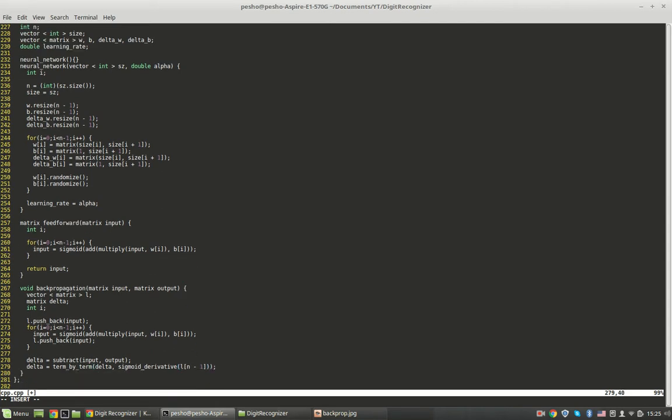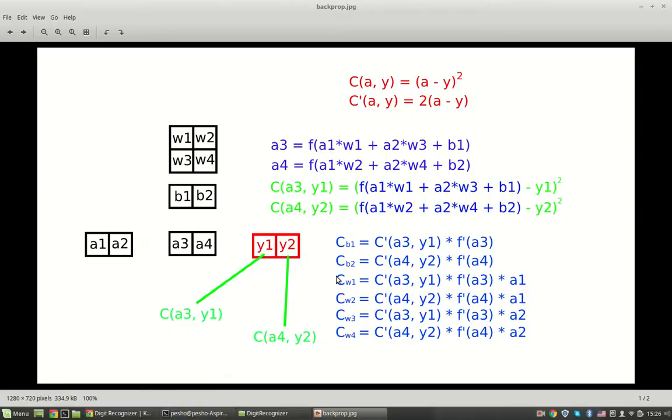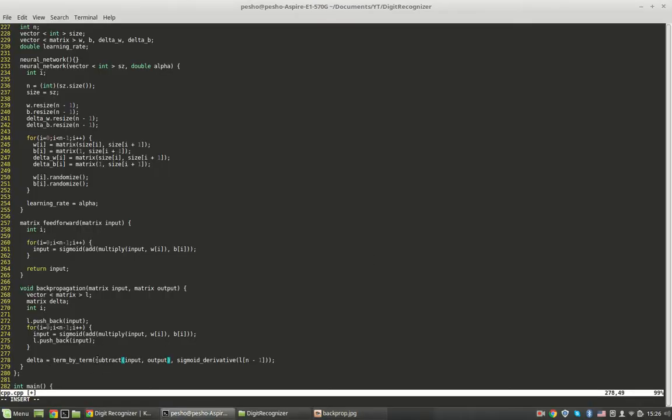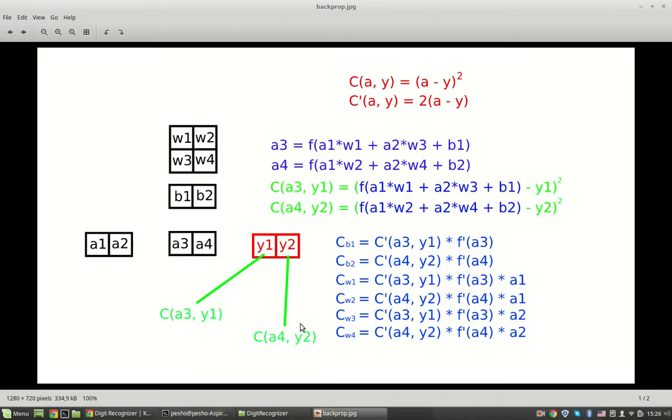So I'm simply going to take this row here, subtract input output, and put it right here. So once again, we first take the cost derivative, which is just the subtraction. Then we multiply that vector by the vector of sigmoid derivatives of the last layer.